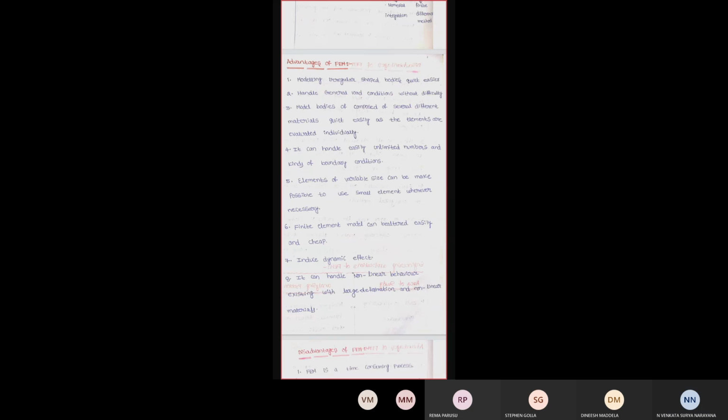Next, it can handle general load conditions. Load condition means we are applying some weight on beams, frames, etc. For example, taking a simply supported beam, we apply a load in the middle, that means the center. That means a general load condition, W, weight. It can handle general load conditions.